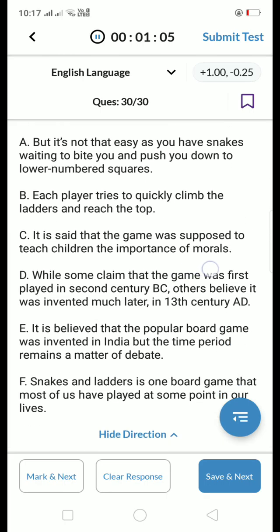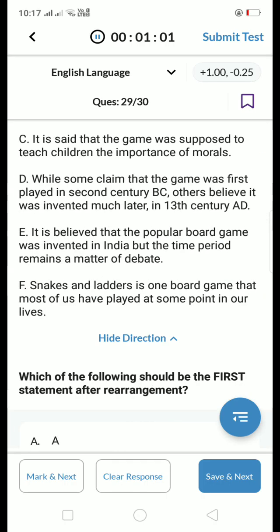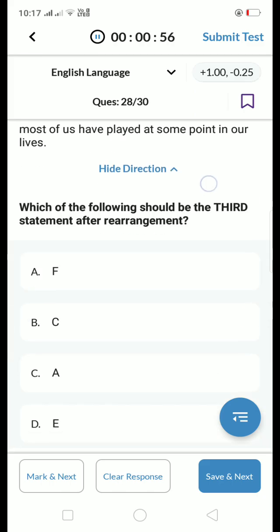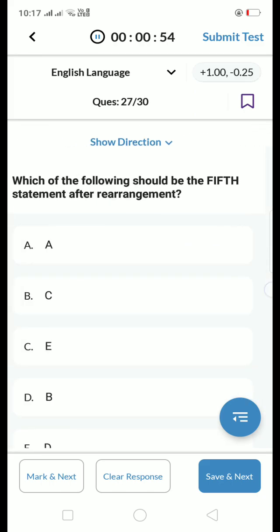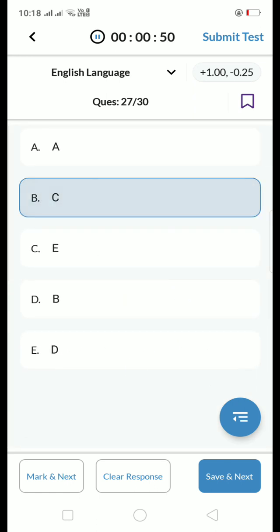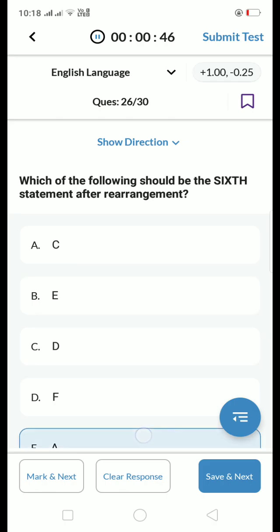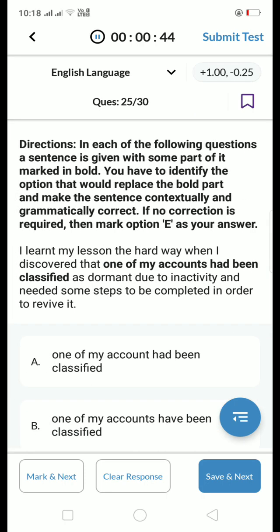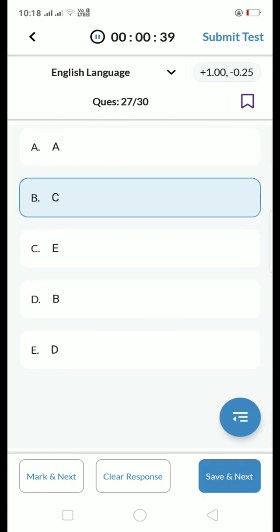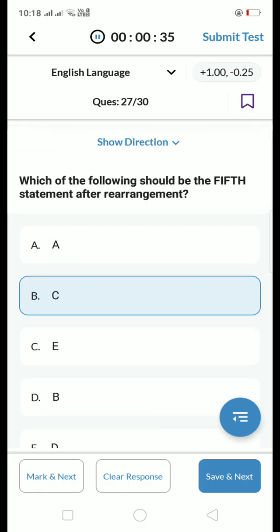So F के बाद second statement E, third statement D, fourth statement C, sixth statement A, fifth statement क्या है?